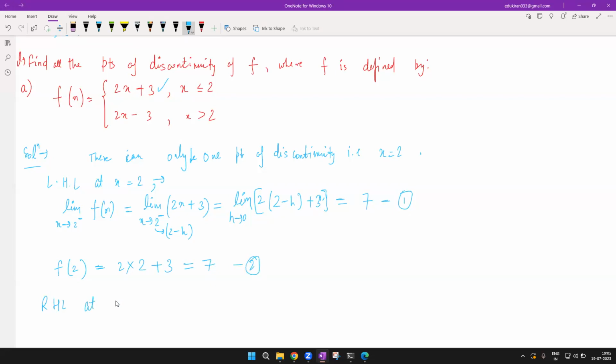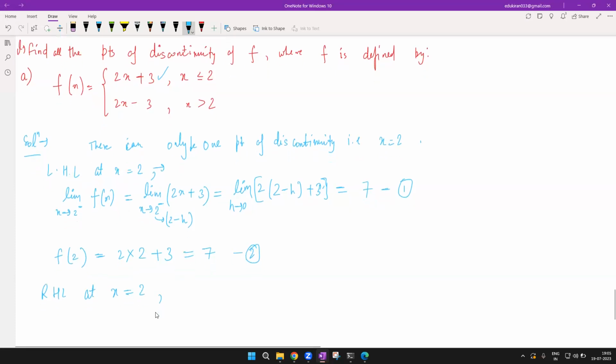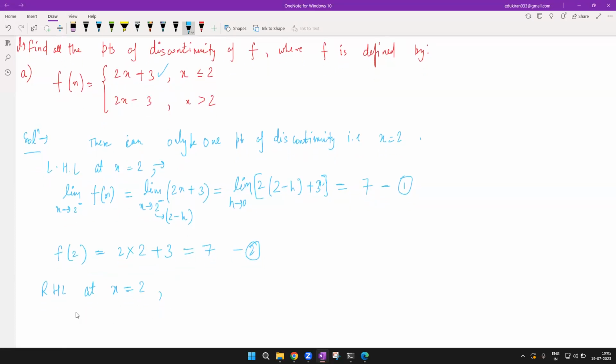Now I will be finding out the RHL at x equals 2. RHL means 2 positive, right? So limit x tends to 2 positive. This time the value of x is just greater than 2, right? So limit x tends to 2 positive f(x).